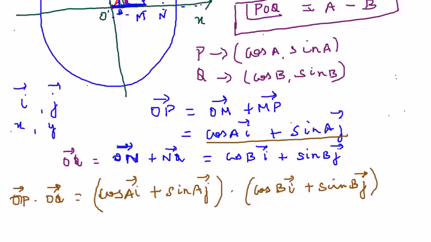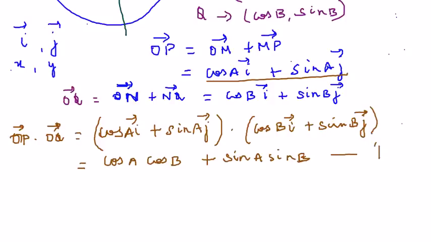When you multiply, i dot i and j dot j give 1, so you get cos A cos B plus sin A sin B. Let's mark this as equation 1.